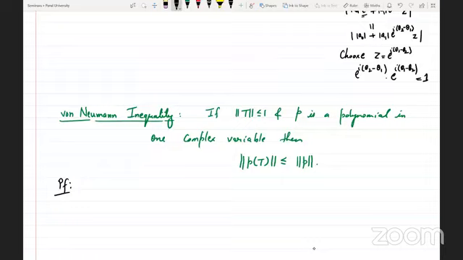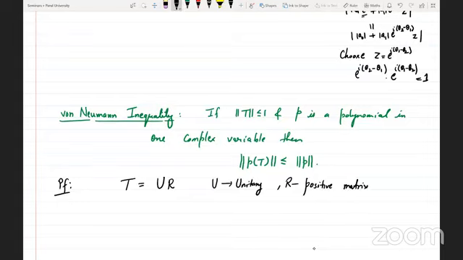If T is a matrix, we can decompose T into a unitary and a positive matrix. This is called polar decomposition. Why is it called polar decomposition?